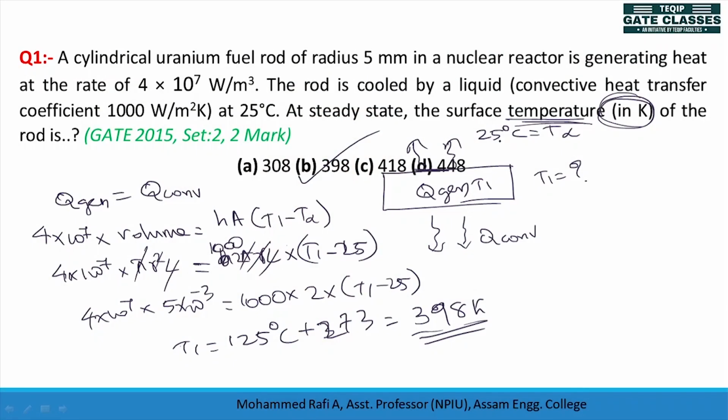So you will get 398 Kelvin. That is the answer here. Here it is already given with options, in GATE 2015 set number 2, for 2 marks. But if it was a numerical type question, be aware of the units. If it is asked in degree Celsius, the answer is 125. If it is asked in Kelvin, it is 398.